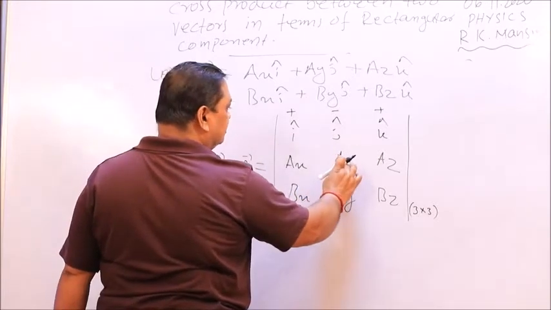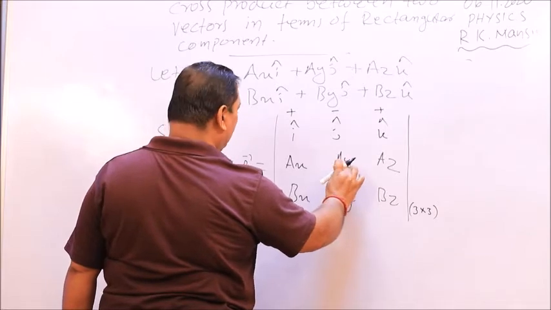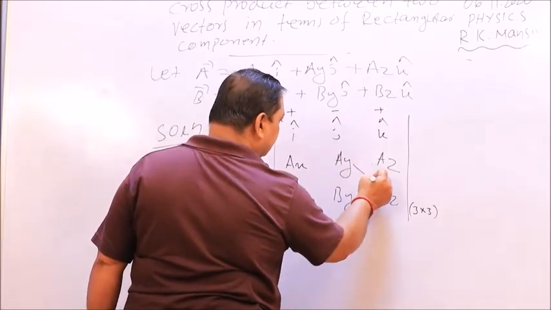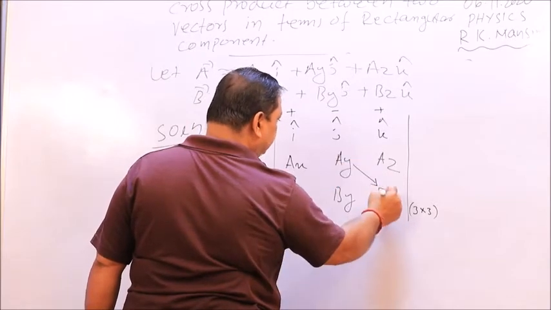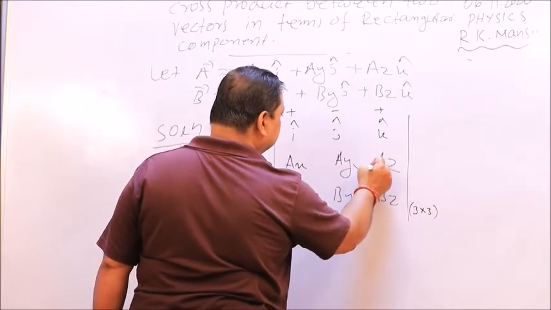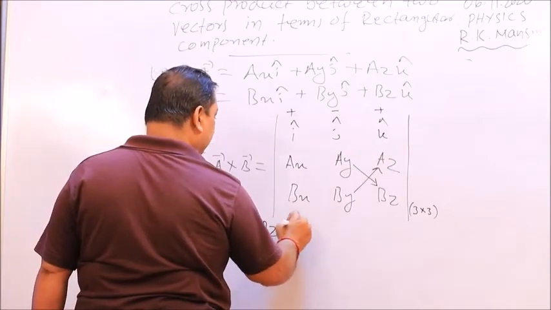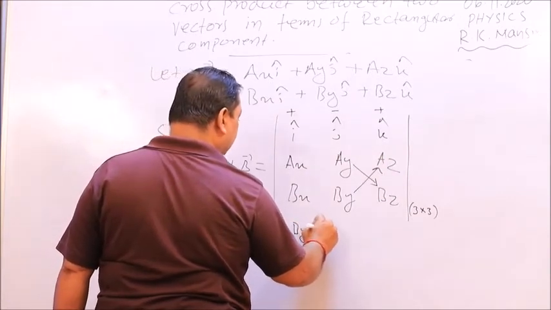That leaves four terms ay, az, by, bz. Then how do you break it? ay bz minus by az.